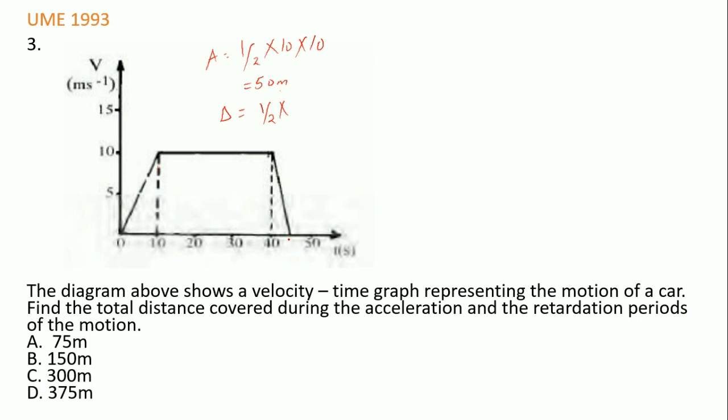Now I'm not quite sure, but this looks like it's falling at the middle, and I'm pretty sure that's an intuitive way of thinking about it. So this will be 45, from here to here, that will be 5 times 10, so 1/2 of that is 5. 5 times 5 is 25. So I have 25 meters. 50 plus 25, since we are told to find the total distance, that will be 75, which is option A.